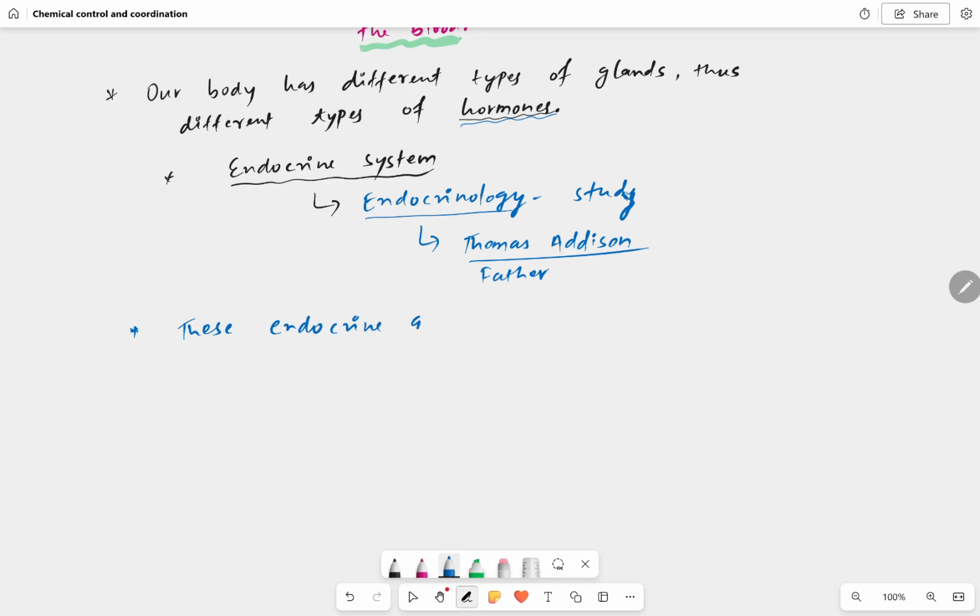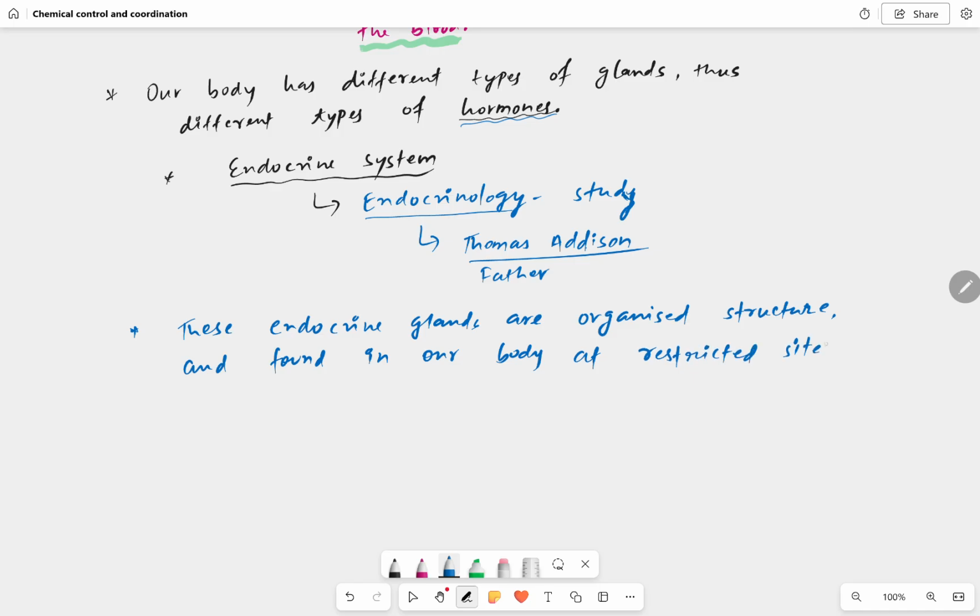These endocrine glands are organized structures, and you should also know that they are found in our body at a restricted site, that is, their distribution is restricted.